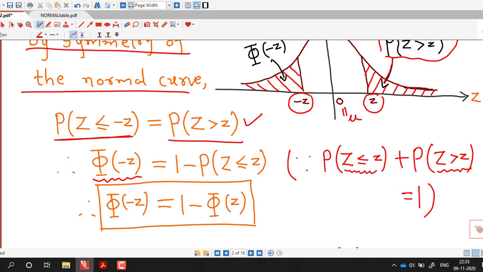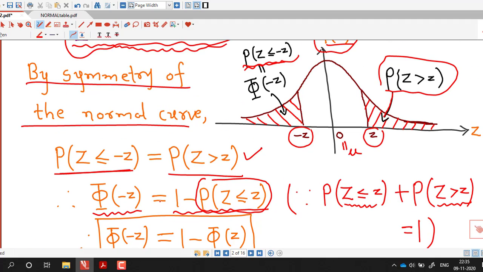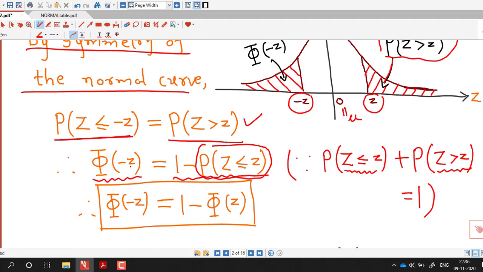So probability that capital Z is greater than z can be replaced by 1 minus probability that capital Z is less than or equal to small z, and this is nothing but the value of CDF at point z. Therefore we obtain that the value of CDF at point minus z is nothing but 1 minus the value of CDF at point z. So sometimes we can use this property to calculate normal probabilities.